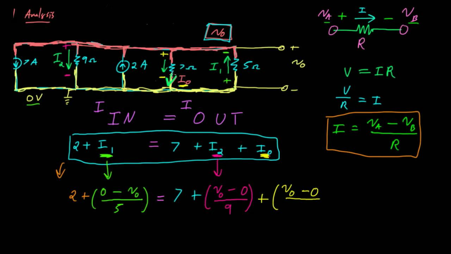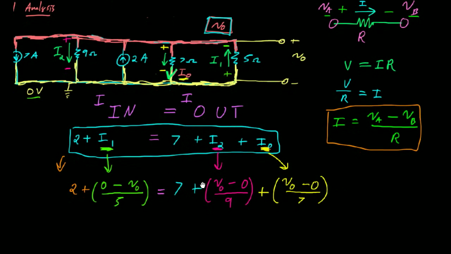And now, just like in the other situations, we are going to divide by the resistance. And our resistance for this particular resistor, the resistor that I0 flows through, is 7 ohms. So our I0 current can be rewritten as V0 minus 0 volts divided by 7.